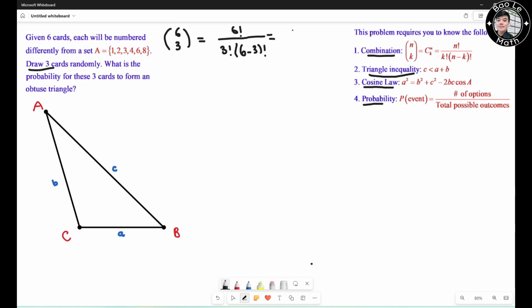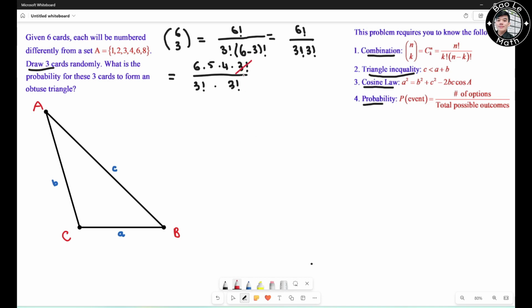So it's 6 factorial over 3 factorial times 3 factorial, and it's going to be 6 times 5 times 4 times 3 factorial over 3 factorial times 3 factorial.